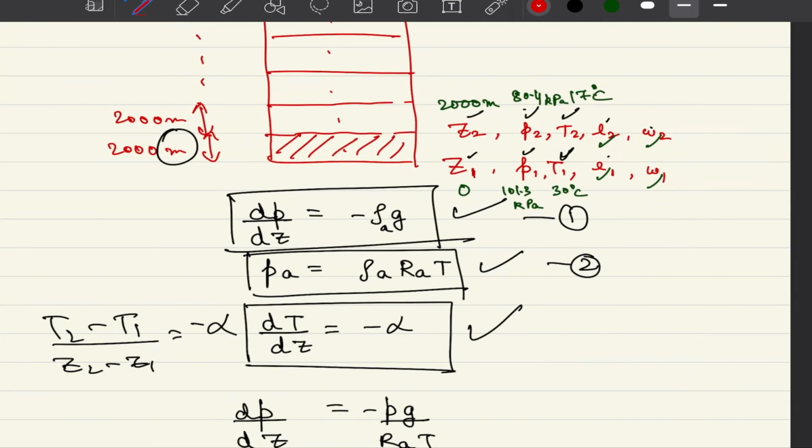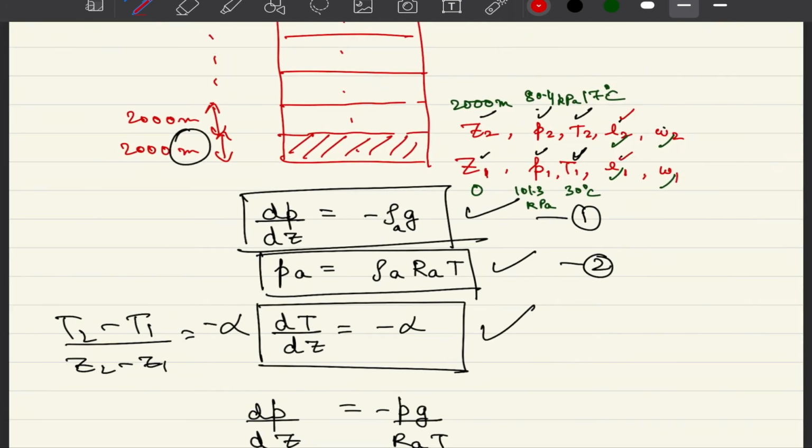Now again, going back, we have calculated E1 as well as E2 because air is at saturation, which implies W2 can simply be calculated in this case as 0.622 E by P, where we will use E2 and P2 here, and W1 can be calculated as 0.622 E1 upon P1.